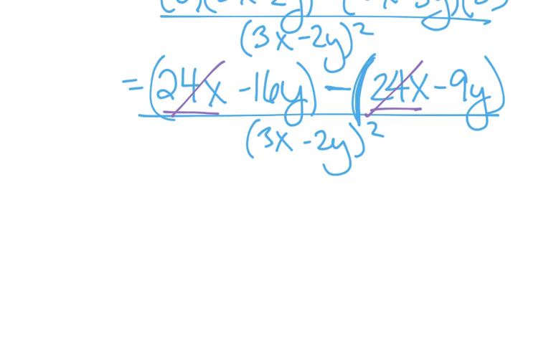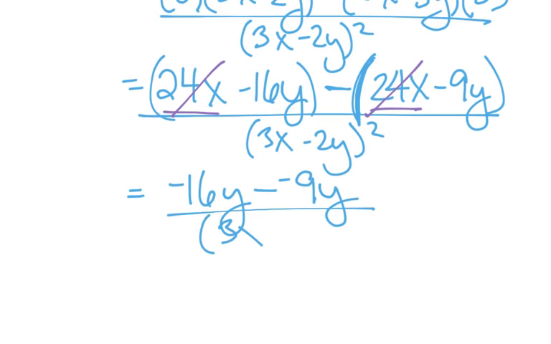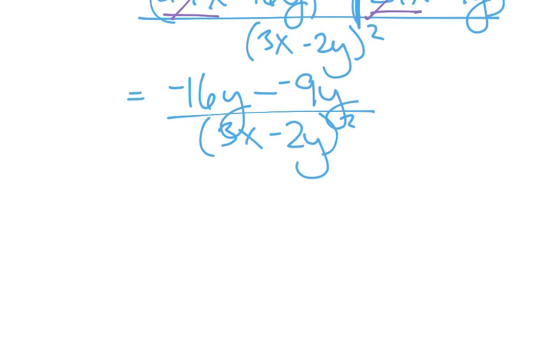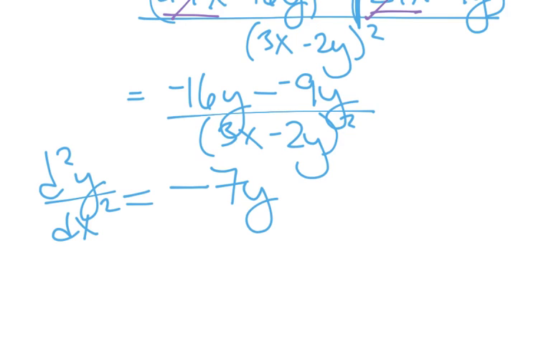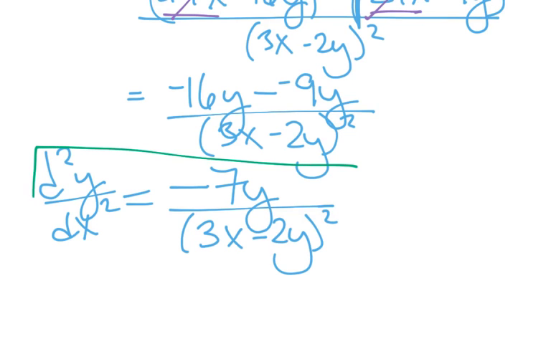Those cancel. So I have negative 16y minus negative 9y over (3x minus 2y), that quantity squared. So finishing up, the second derivative is negative 7y over (3x minus 2y) squared. And that's it.